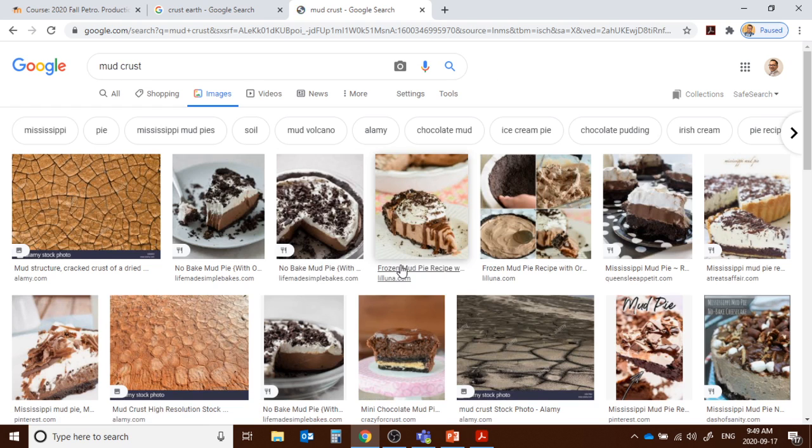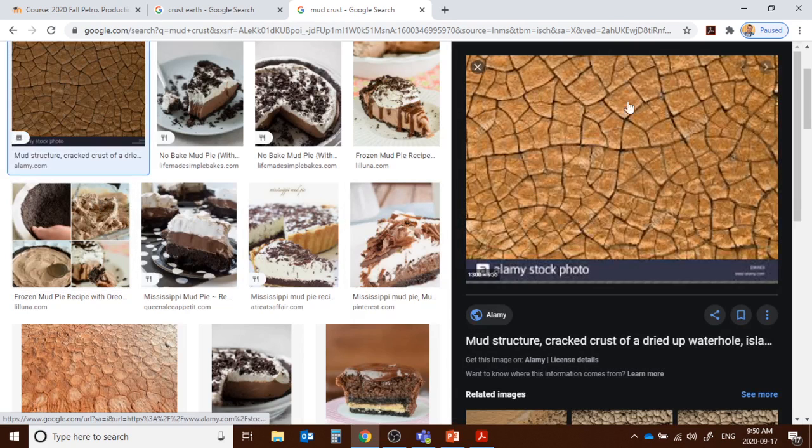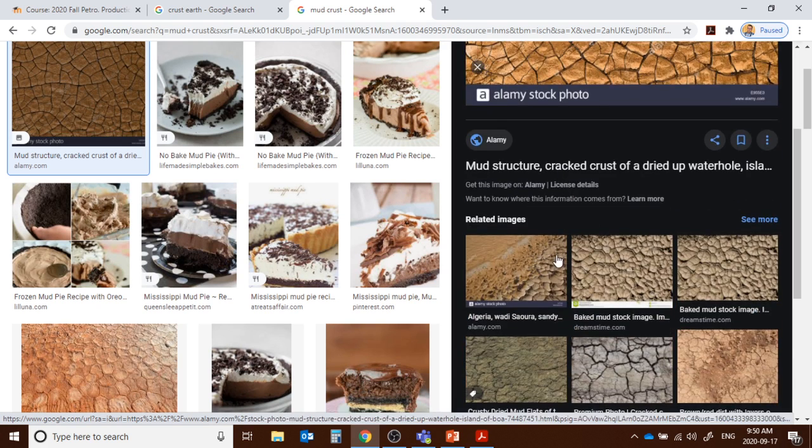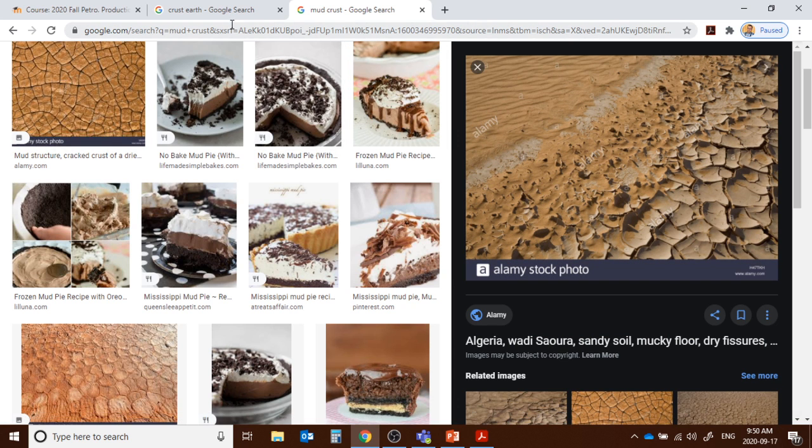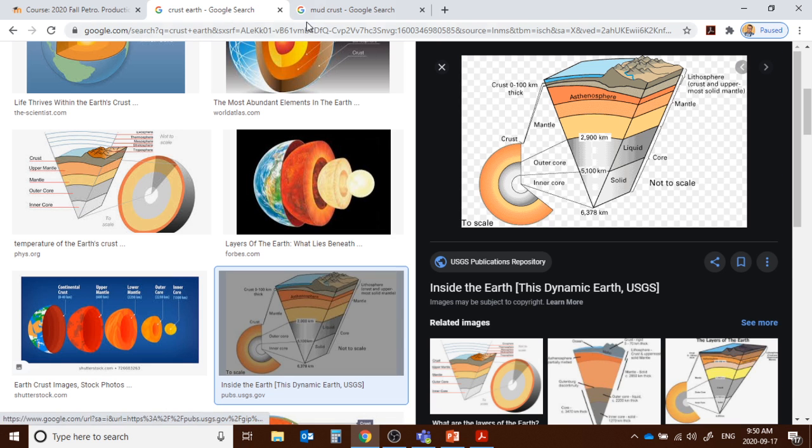Okay, when you actually see the mud, probably you all have seen, if a pond or a river dries up, then what happens? It creates crusts on the shore, right? So exactly the same thing, exactly the same concept on the earth.